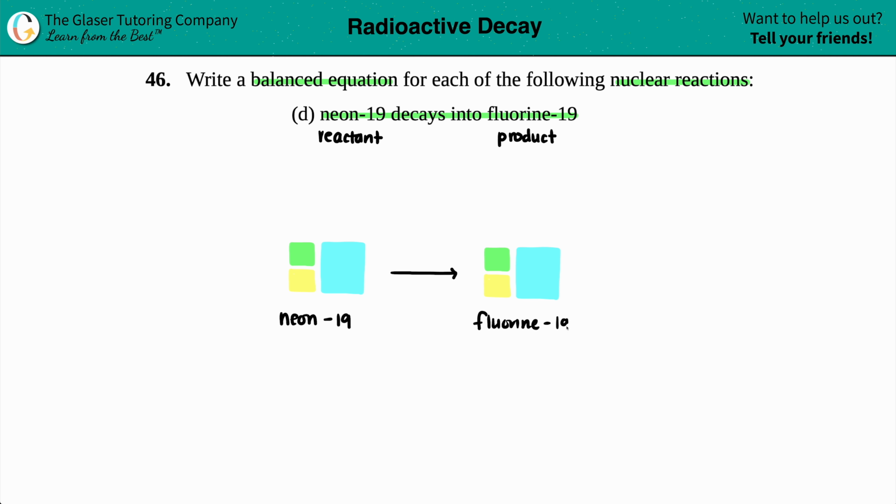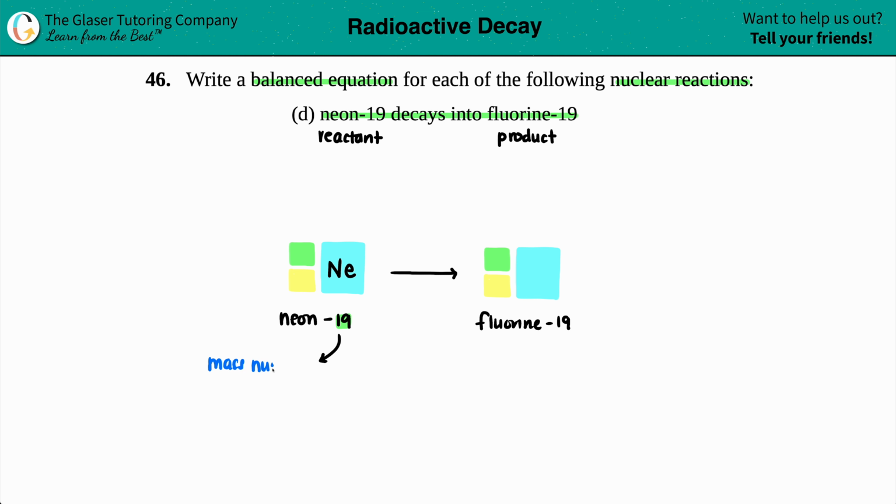Okay, so let's start writing out the notation. So neon is Ne, but you could always look on the periodic table to see where neon is, right? Capital N, lowercase e. And they told us that it's neon-19. Now they do have to tell us these numbers because the 19 stands for the mass number.